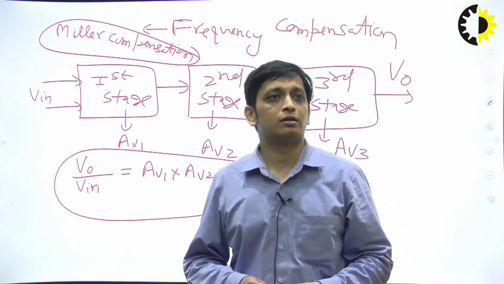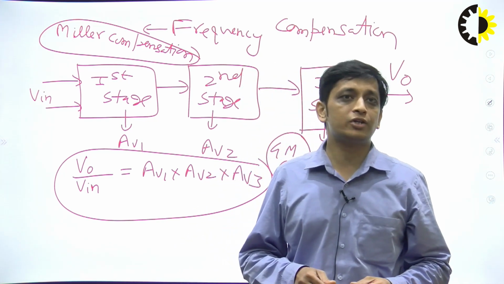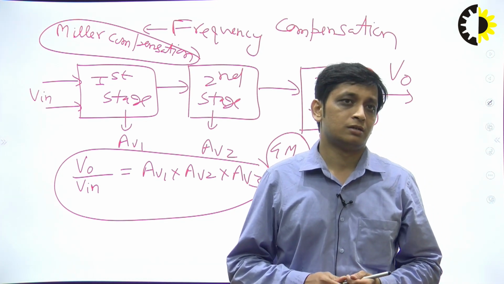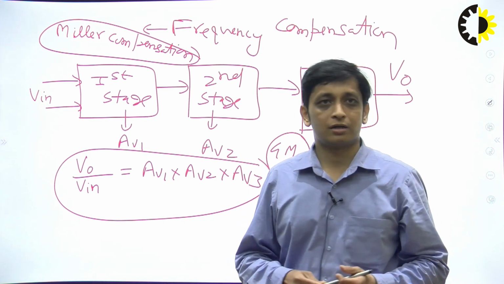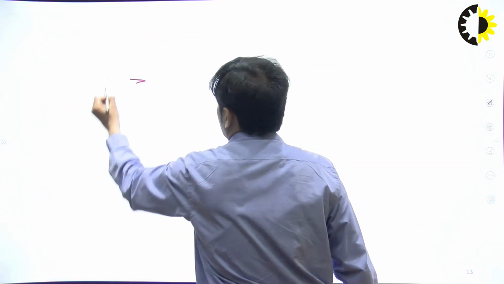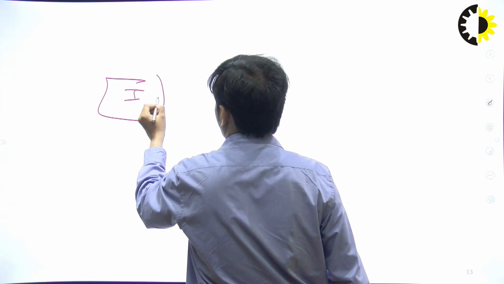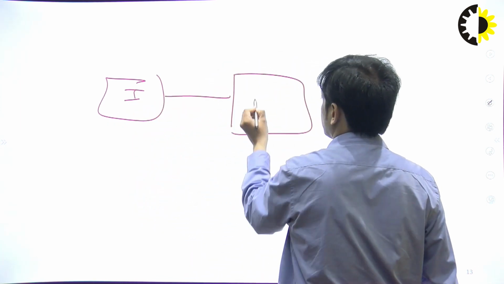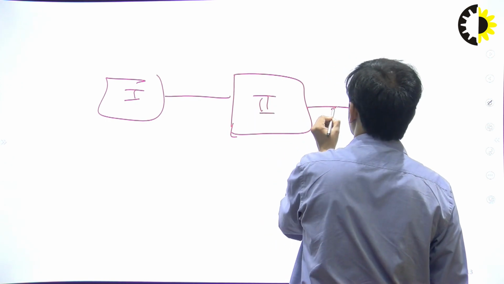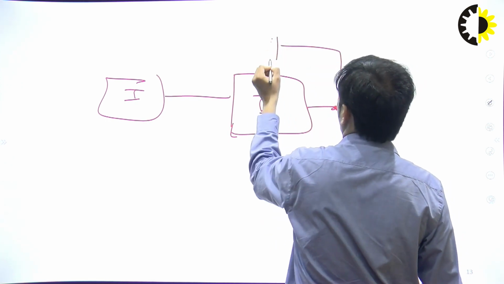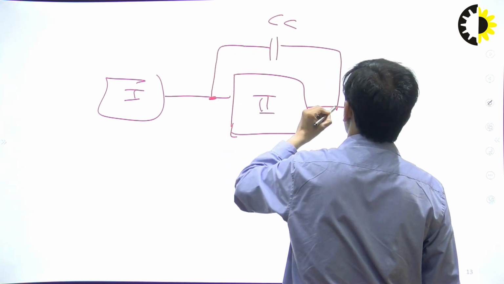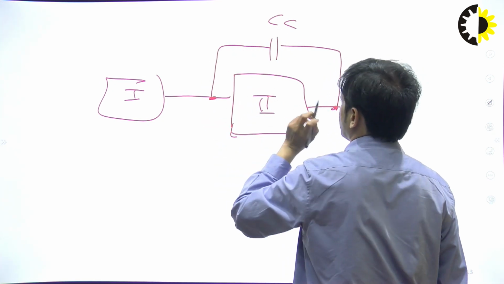That is very important. So in Miller compensation, what we do is we connect a capacitor across the amplifier. For example, let's say there is a 2-stage amplifier. This one is the first stage and this one is the second stage. So in Miller compensation, we connect a compensation capacitor CC across this second stage, that is, between the output and input of the second stage.